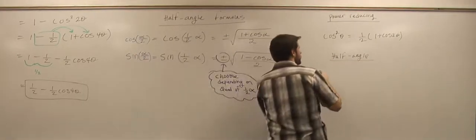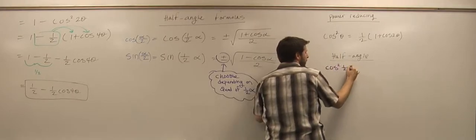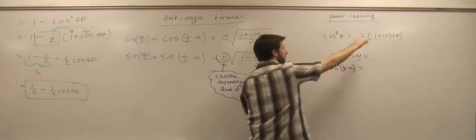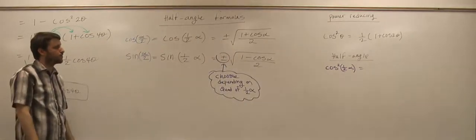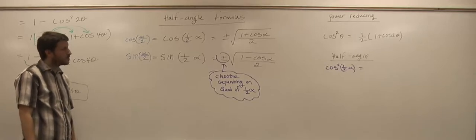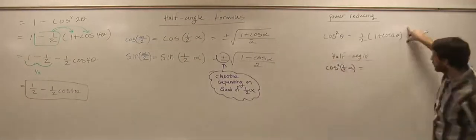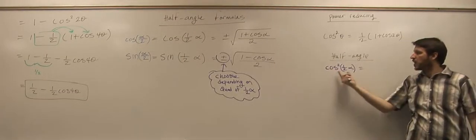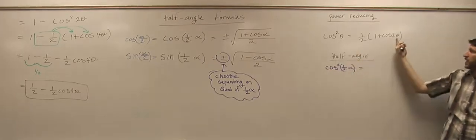So if you rewrite this as cosine squared of 1/2 alpha, what should you get on the other side? Right now, just recopy exactly what you see. I'm just saying I want to put in 1/2 alpha right here.